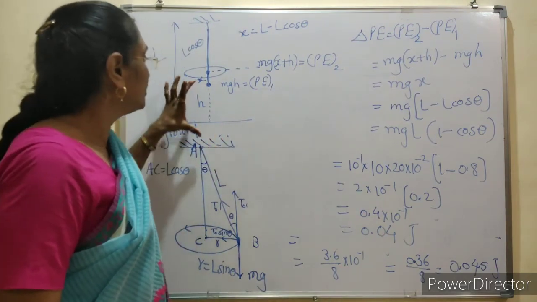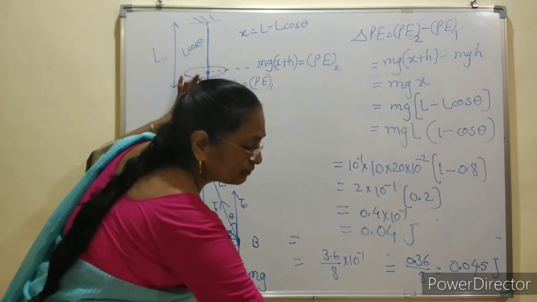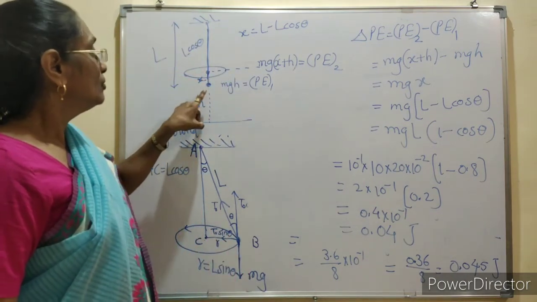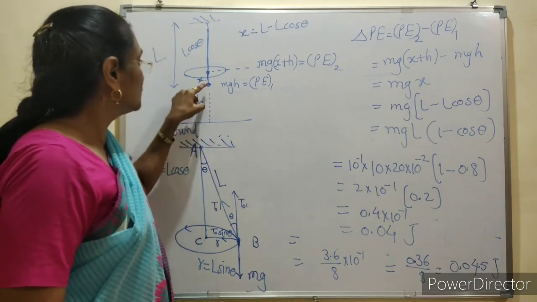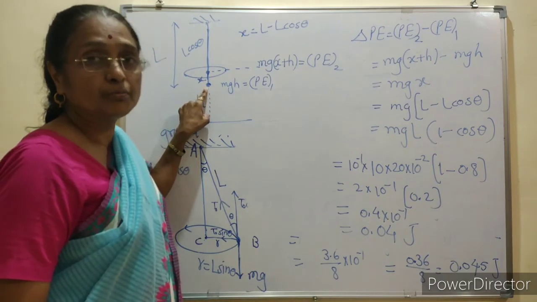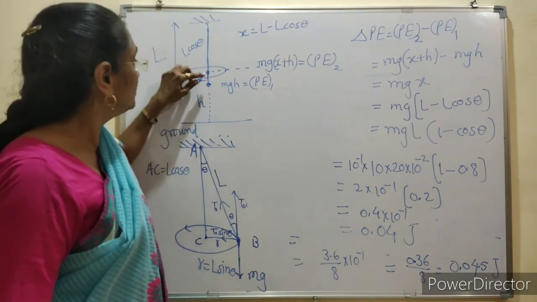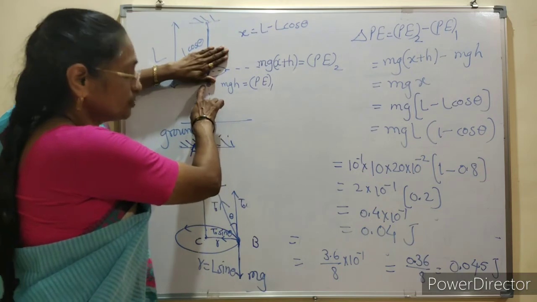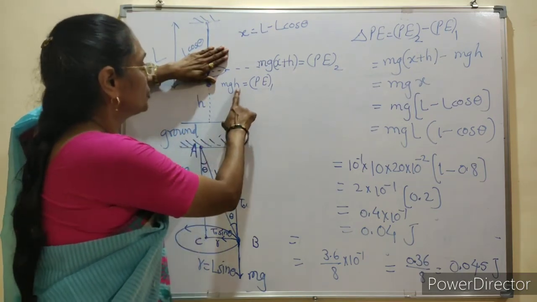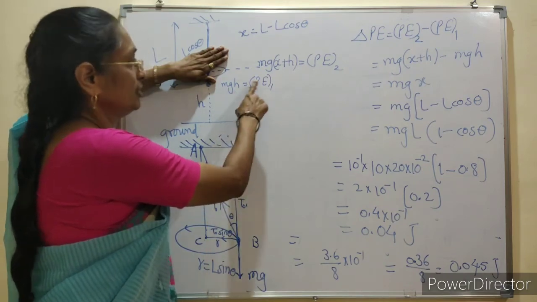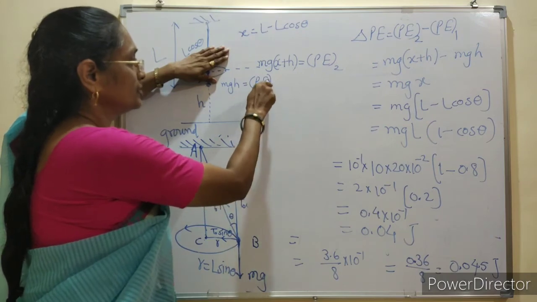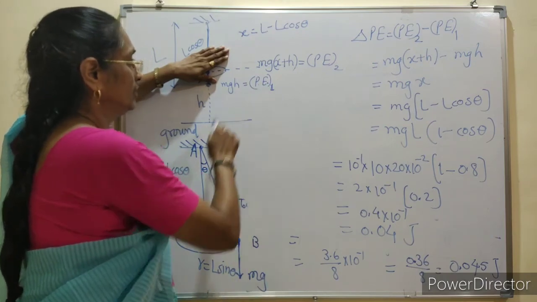Just again I try to explain like this. When the bob is not performing UCM, its position is shown at this point, at a height h from the ground, then its potential energy is mgh. It is the initial potential energy, denoted by potential energy 1.